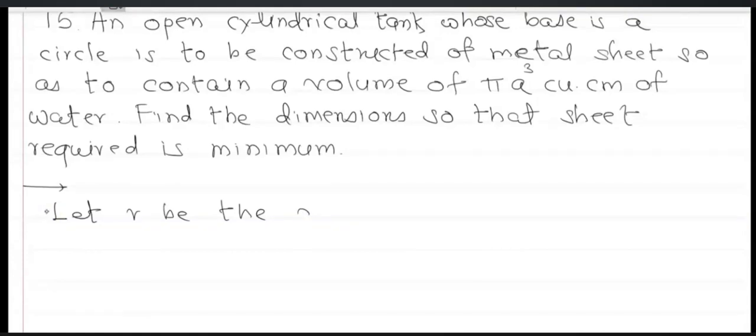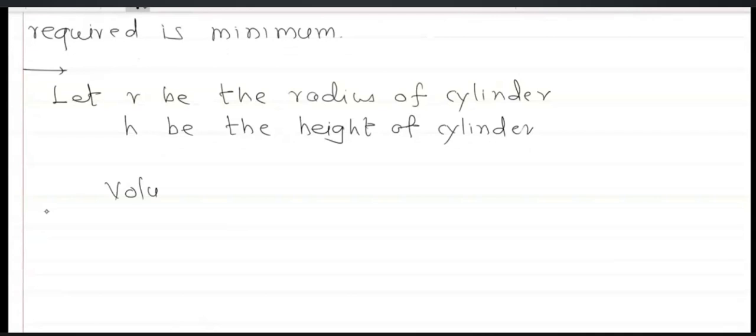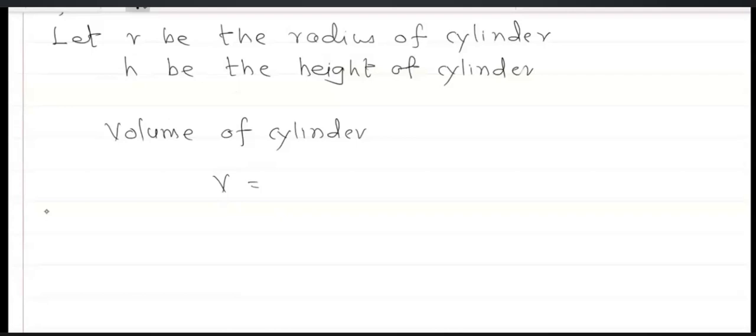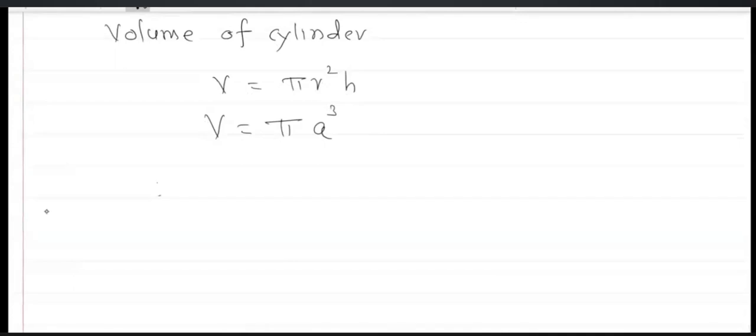Let R be the radius of cylinder, H be the height of cylinder. Volume of cylinder is equal to pi r square into H. And we have given that V is equal to pi a cube.